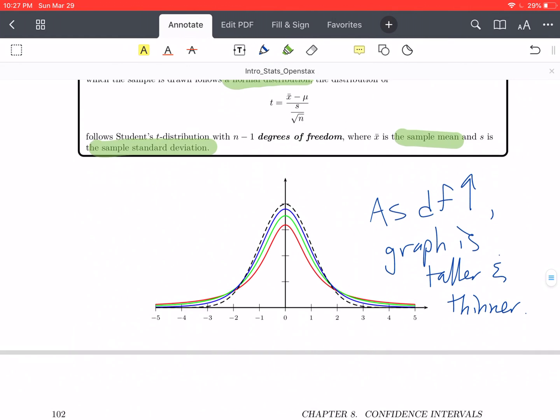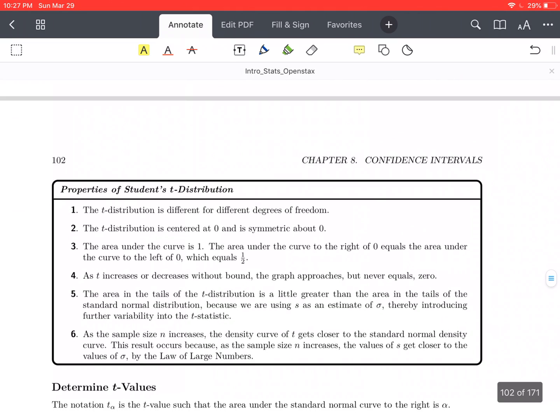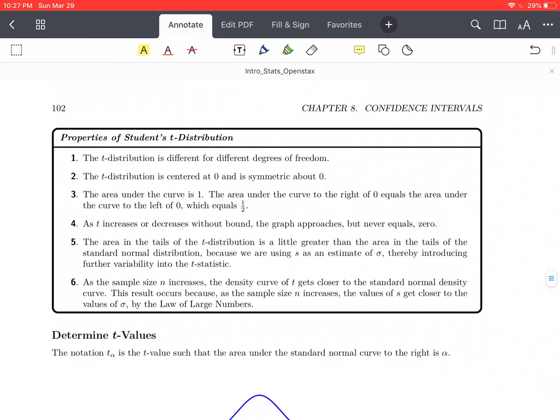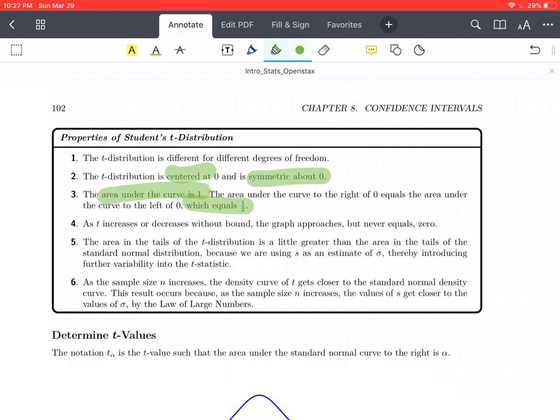Here are the properties formally stated for a t distribution. The t distribution is different for different degrees of freedom. It's centered at 0 and symmetric about 0, just like a normal curve. The area under the curve is 1, just like it was before. Half of the area is to the left of 0, half of the area to the right of 0.